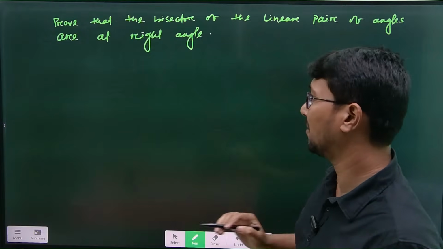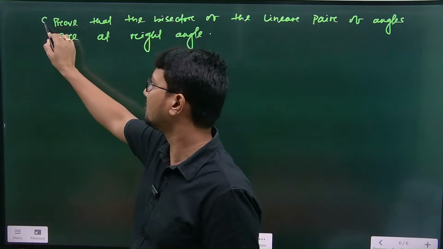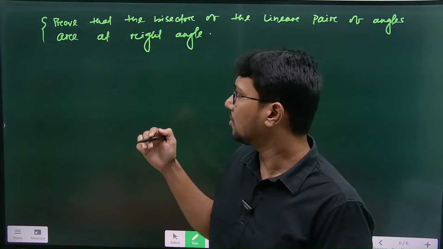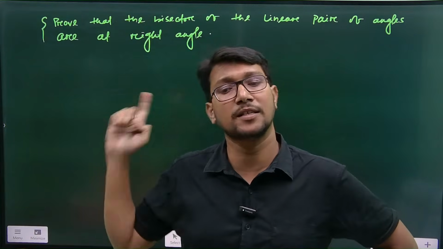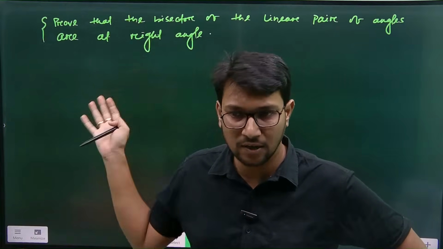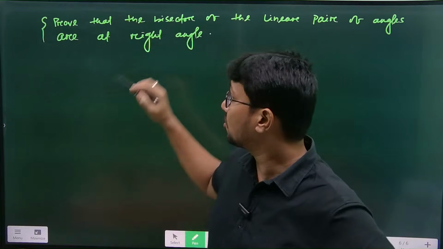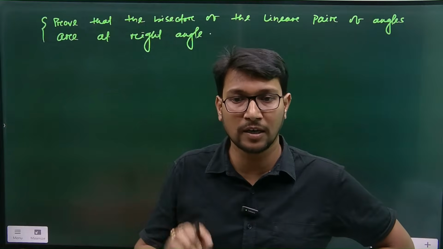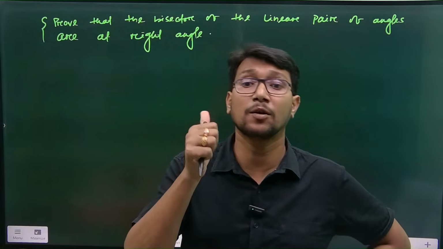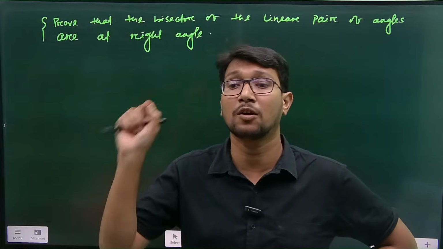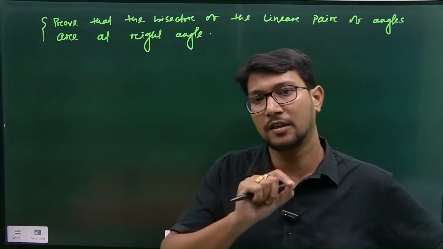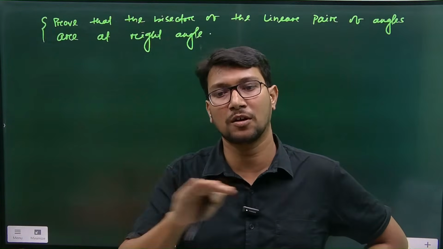One thing to remember: in class 10, since you are going to appear for the board exam, when this type of question is given, it is a geometrical question, right? Is a figure given? No, a figure is not given. So you have to draw the figure. In a 5-mark question, you get 1 mark for a correct figure. If you do not draw it, you will not get it.